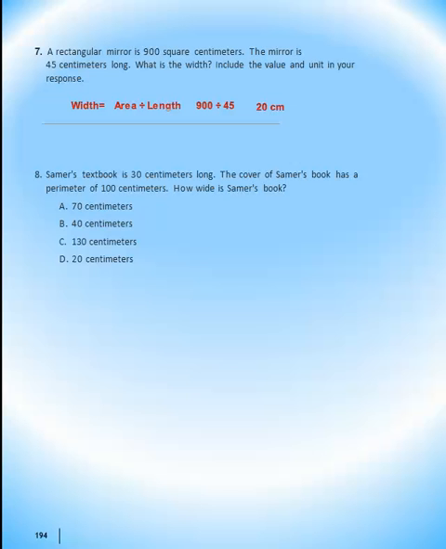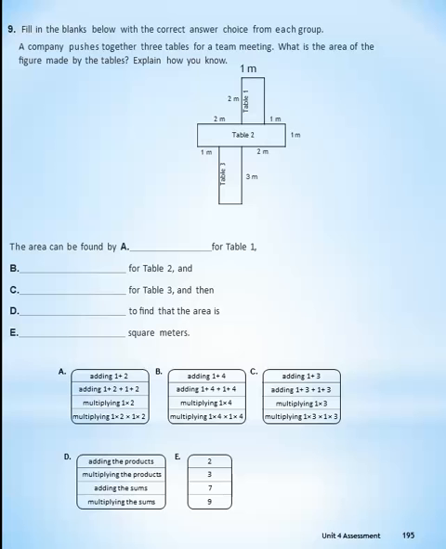How can we find the width? Width equals perimeter divided by 2 minus length. So the perimeter is 100 divided by 2 minus length, which is 30. 100 divided by 2 equals 50. 50 minus 30 equals 20 centimeters. Okay, this is the complex shape or odd shapes.